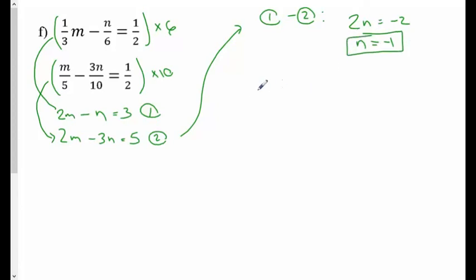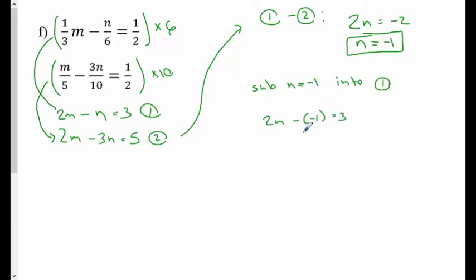And then I need to find m, so let's sub n equals negative 1 into equation, doesn't really matter here, so let's pick equation 1. So I have 2m minus negative 1 equals 3, so that's plus 1.